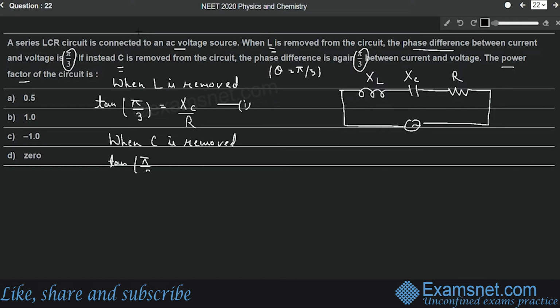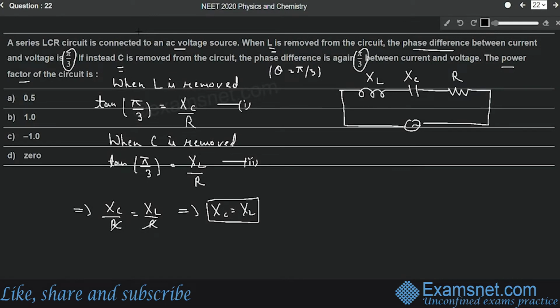Tan pi by 3 will be equal to XL by R. This is the second equation. Now theta is the same, so tan theta will also be the same. That means XC by R will be equal to XL by R. R is the same, so we can say that XC is equal to XL. Now how can we find the impedance? Impedance is denoted as capital Z, right?